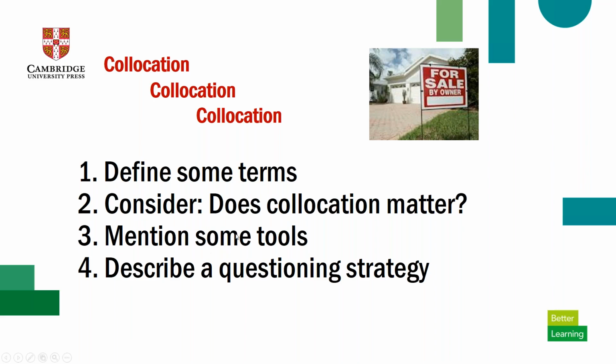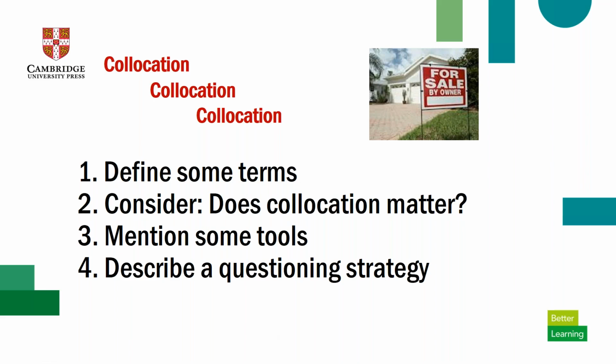Then we'll mention some tools that students use in trying to understand collocations and in order to determine what some common collocations are. And then what I think is really the heart of the presentation, I'm going to describe a questioning strategy to you that I think is probably the main thing I can contribute to this debate.